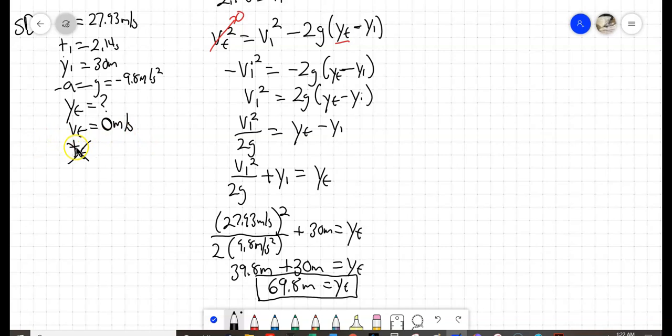And I don't know time, and the problem's not asking for it, so I don't need to solve for it. Okay, so this is how you do those application problems.